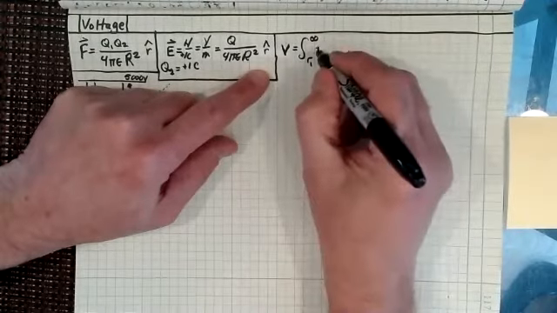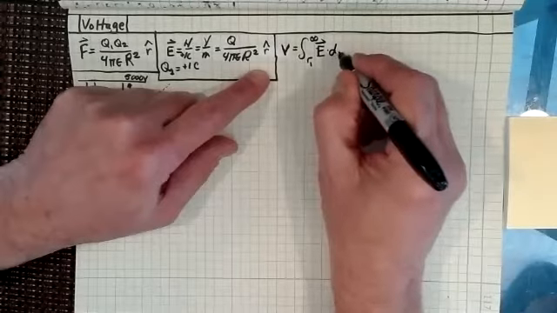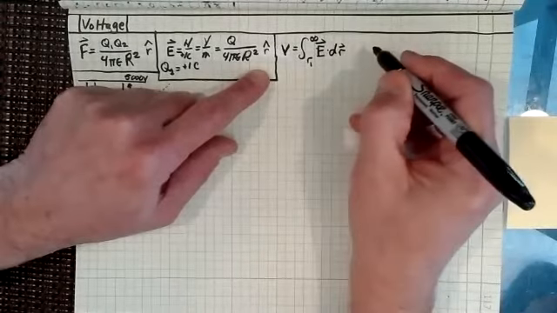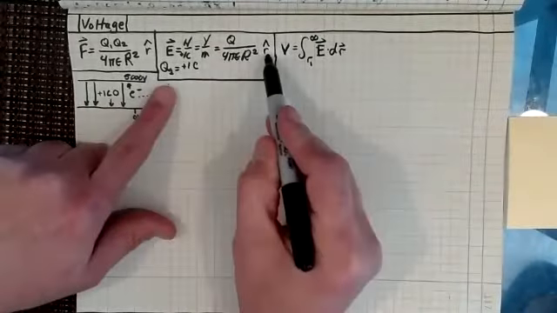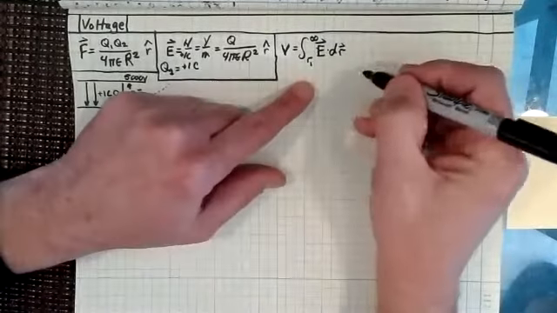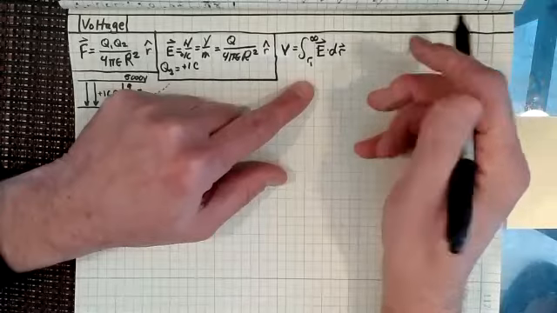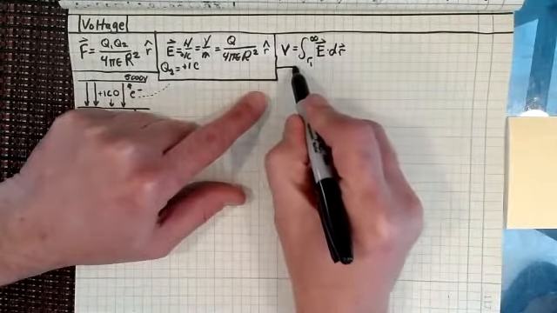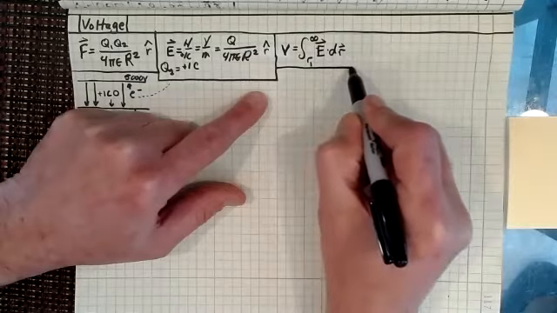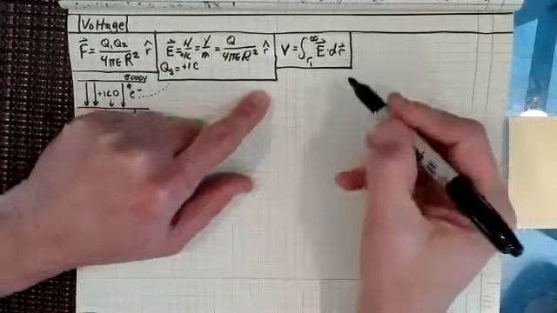Times E dot dr. Of course E, as you remember it, is in the direction R, so that's not a problem. So that's my voltage. That's the definition. I'm just going to put a little box around that. That's the definition of voltage inside the electric field.